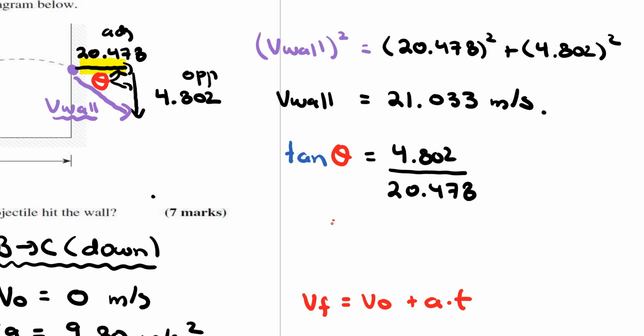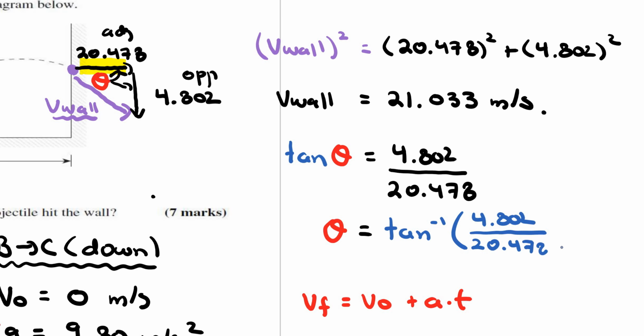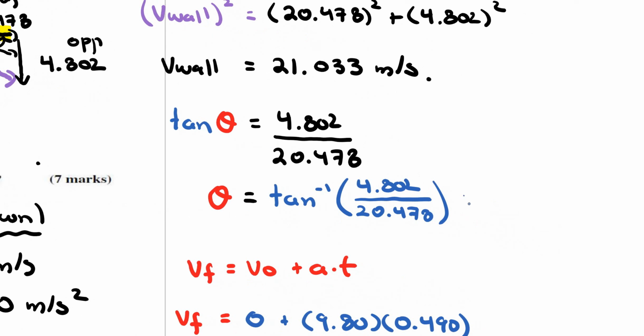And if we find our angle here, basically you go to your calculator now and do the inverse tan of 4.802 divided by 20.478. If we do that, we get roughly 13.199 degrees, and this is below the horizontal right here.